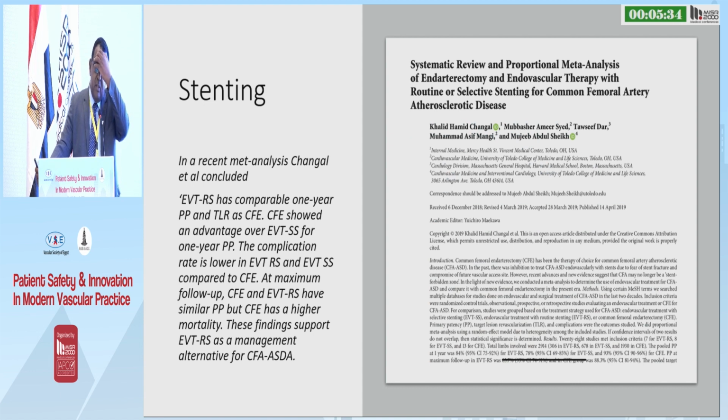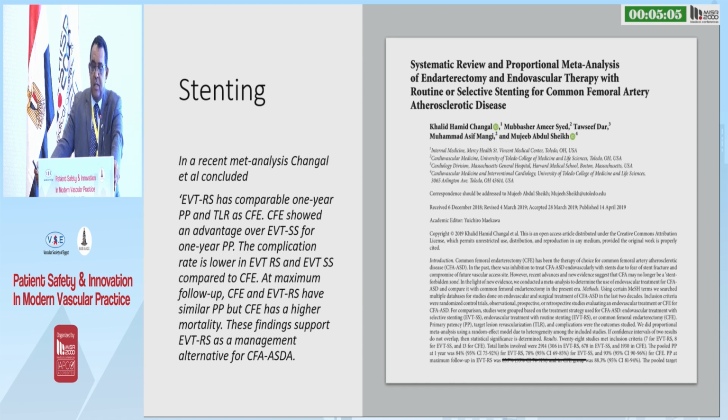Shanggal et al. in the US, in Ohio and others, wrote this very good article, a systematic review and meta-analysis. They looked at the literature for routine stenting, selective stenting, which is the bailout stenting, versus endarterectomy, and looked at 1 year outcome data. They found that at 1 year, routine stenting was comparable to endarterectomy, both in primary patency and target lesion revascularization rates.